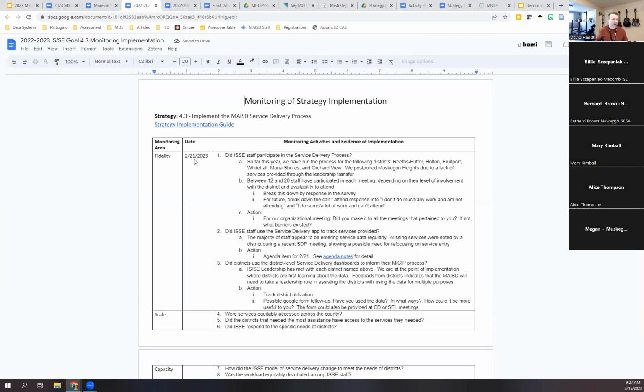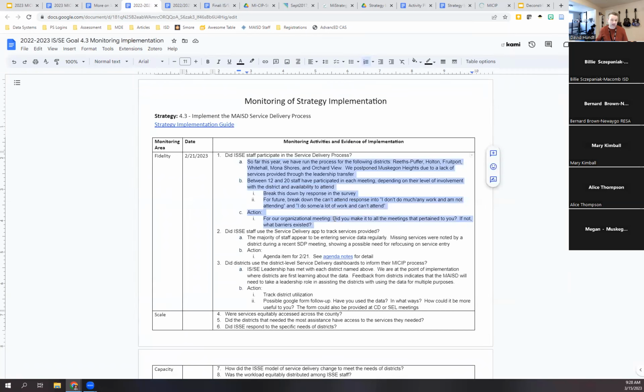And so the last time we monitored this was in February. We took the activities and we posed them as questions, and then we were able to come in and talk about it, and we monitored it and documented all of our monitoring for it.